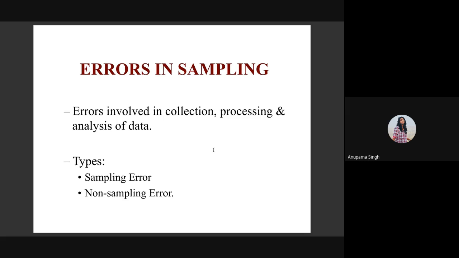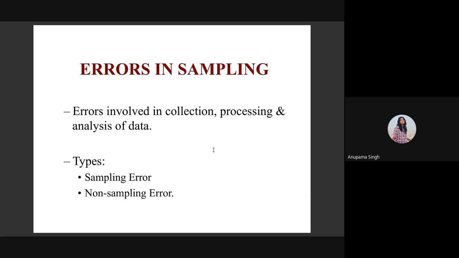Sampling errors are the errors that occur in the process of drawing samples, when we are framing the sample and till the whole methodology of the sample is done, right?